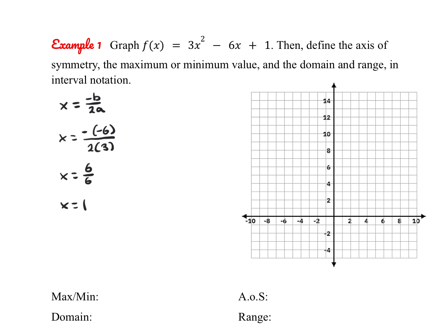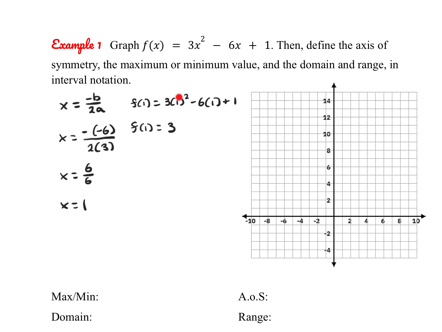Now, once you know the x value of the vertex, you do need to find the y value. So I'm simply going to substitute that x value into my function. Notice that whenever I substitute, I do it with parentheses. I really would like to see everyone doing that. Make sure we follow order of operations here. 1 squared is 1, and then I multiply it by 3, so it's 3.